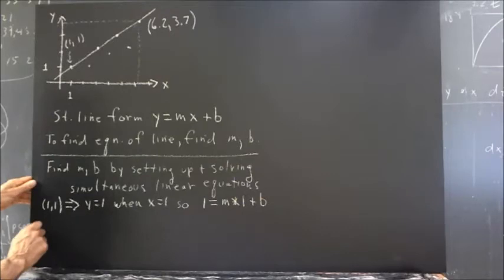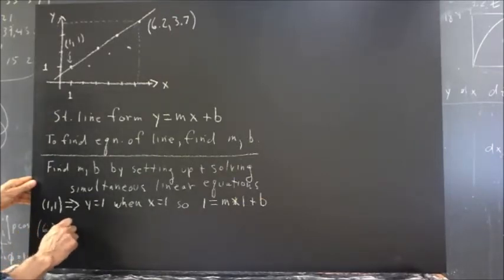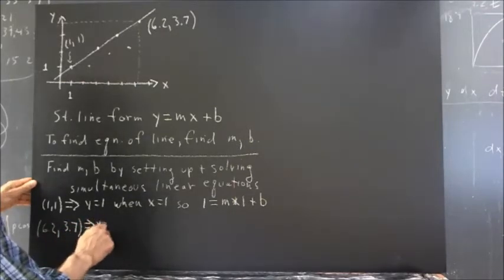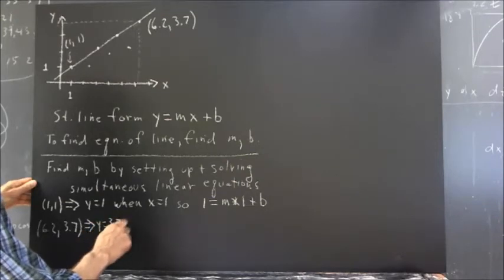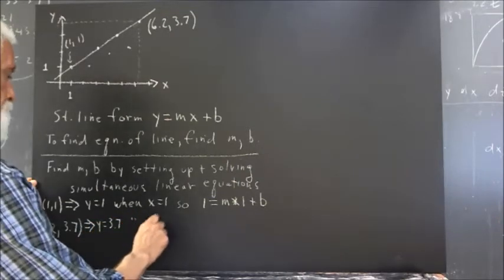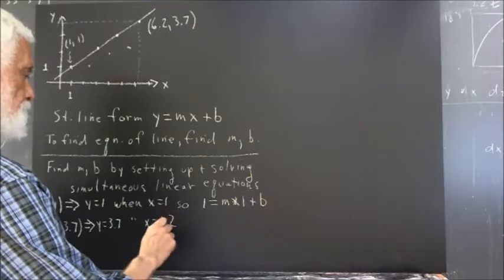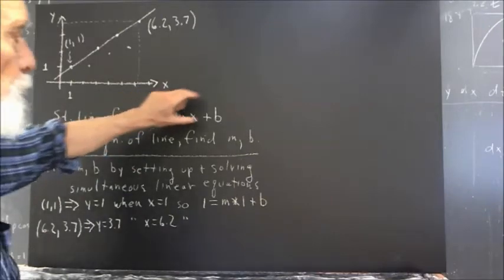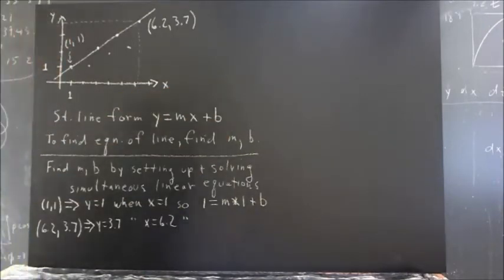Now, the point 6.2, 3.7 implies that y equals 3.7 when x equals 6.2. So, what is our conclusion? If the equation has the form y equals mx plus b, then what does that tell us if y is 3.7 and x is 6.2?